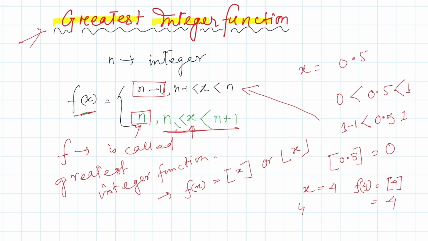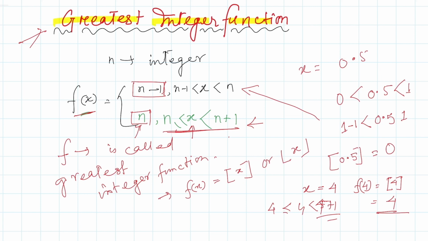Here 4 is greater than or equal to 4 and less than 5. That's why according to this definition f of 4 must be equal to 4. Less than 5 means less than 4 plus 1, isn't it?